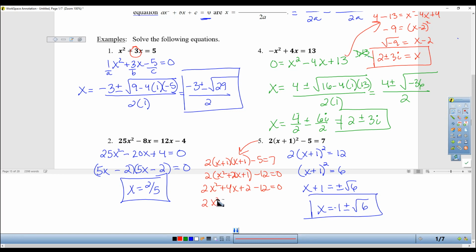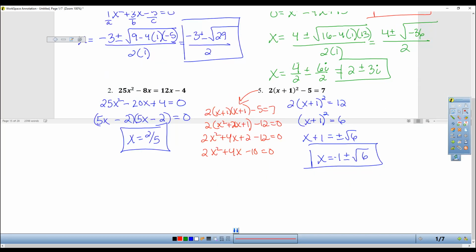And 2x squared plus 4x minus 10 is equal to 0. You could divide everything by 2 to make the numbers smaller, and it's a nice way to decide if you can factor, which now I know I can't. With the 2 and the 10, I might have considered more choices, but now that it's simplified, I realize that that 5 and that 1 are my only choices, which is either going to make 6 or 4, but never 2. So now I can use the quadratic formula.